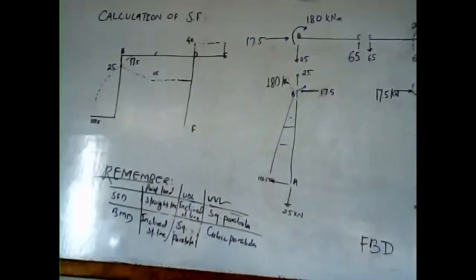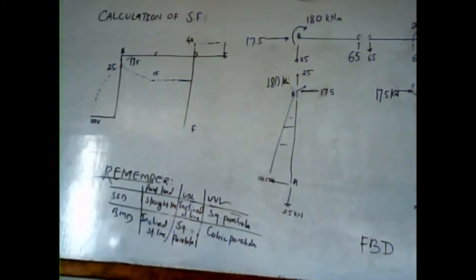Left up, right down, so this is again negative here, minus 65. Since there is a uniformly distributed load, the nature of the shear force diagram will be an inclined straight line, so 25 and 65 are joined in an inclined manner.